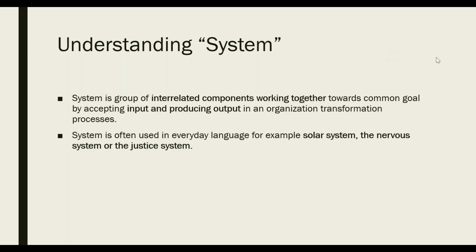Okay, so the system here has its own small definition. It's a group of interrelated components working together towards a common goal by accepting input and producing output in an organized transformation process.